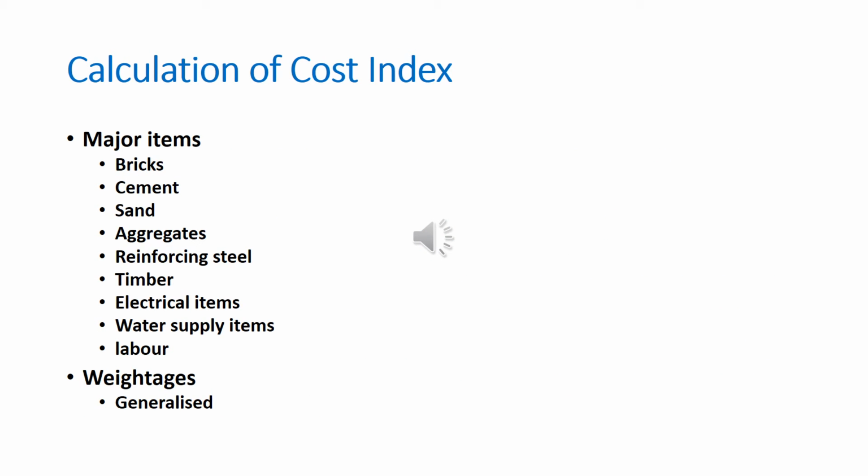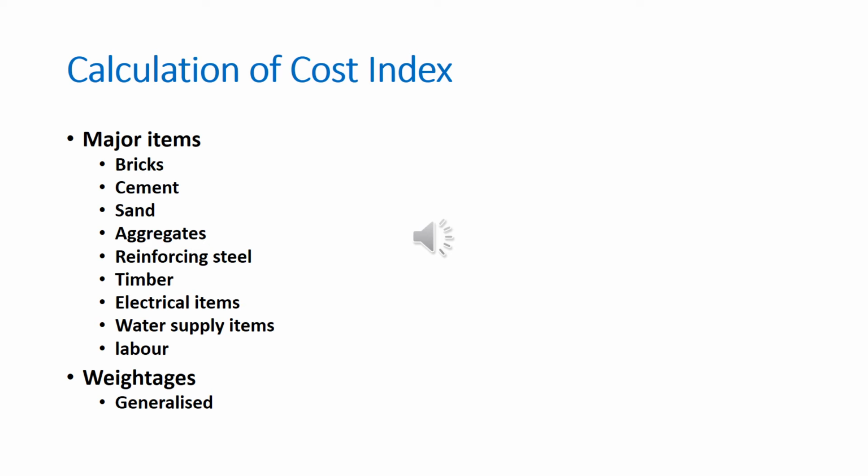Let us see how the cost index is calculated. Basically, we know that the cost of the building is based on the number of items in a building. There are thousands of items, but we don't consider all the items. We consider only major items, and then weightage is considered for the major items.